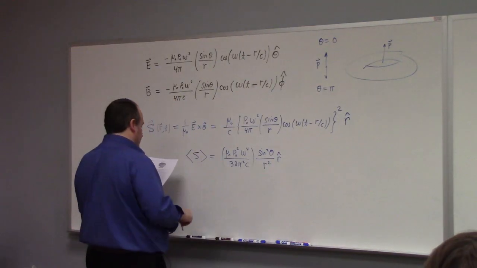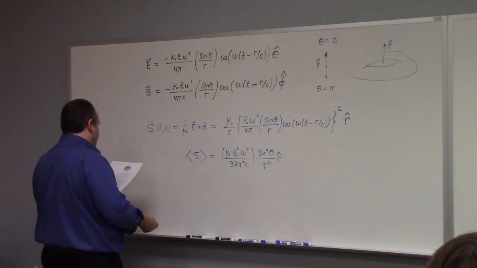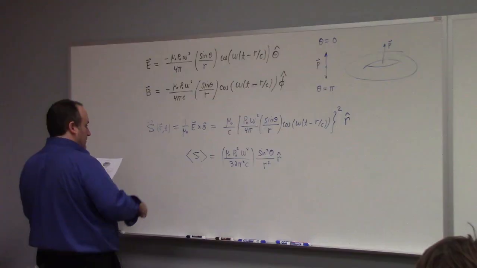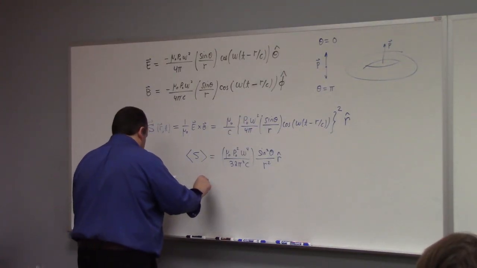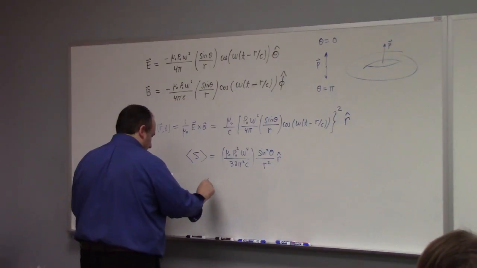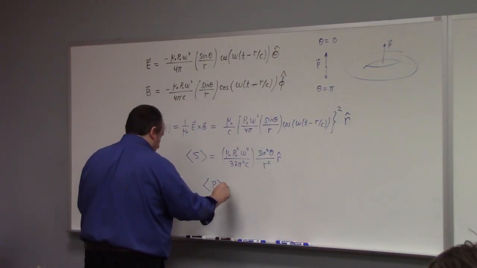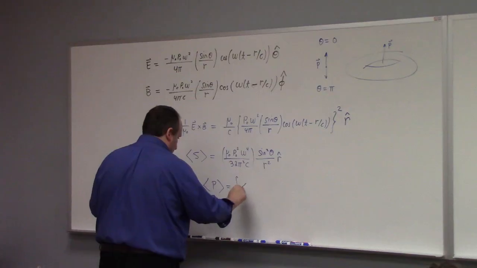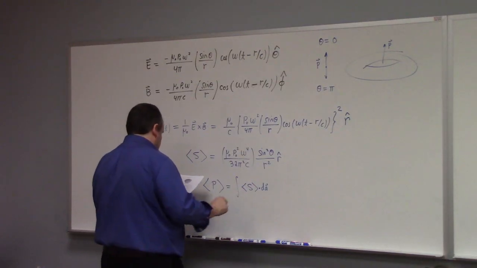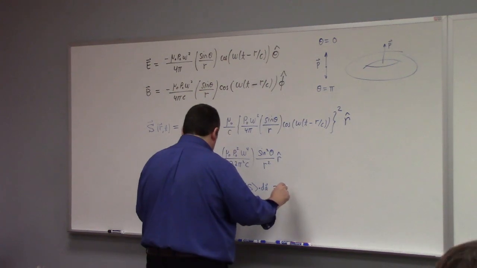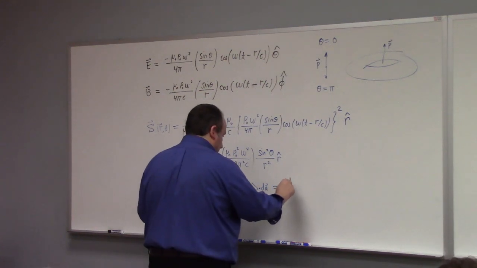So that's the average in time over a complete cycle of the Poynting magnitude. And then he says, after some pesky integration, the time average of the power would, of course, be the integral of this dot dA. The integral's not that bad, but I'm going to skip past it.